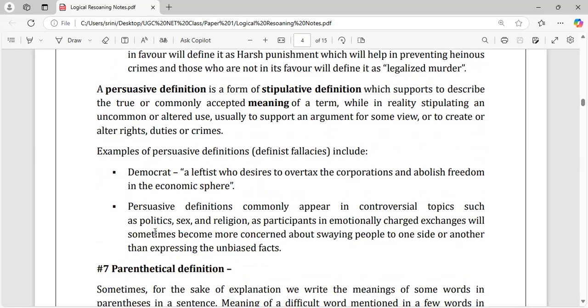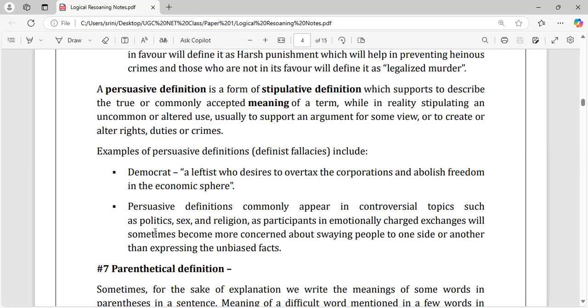Examples, logical fallacies, we'll see. Examples of persuasive definitions include Democrat. A leftist. Democrat means democracy. Democrat is a person who believes in democracy, a person who believes in elections. A leftist who desires to overtax the corporations and abolish freedom in the economic sphere.